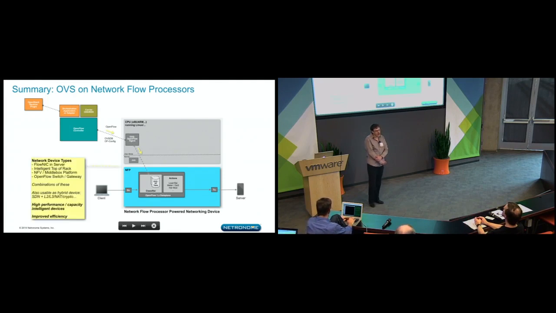But if we now say to which device types can this rough architecture apply? Netronome's devices are used in many different footprints, many different device types. So the one is what we call a flow NIC, which is an intelligent NIC able to do flow-aware processing, which is positioned in a server.